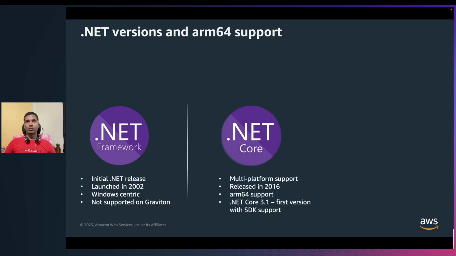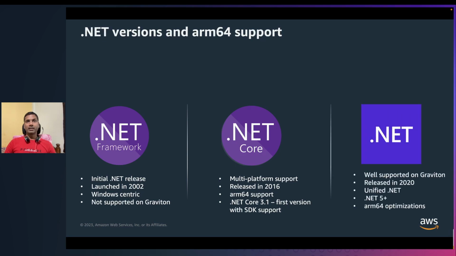ARM64 support in .NET was added with .NET Core in 2016, which was also the cross-platform version of .NET. .NET Core 3.1 was the first .NET version with SDK support on ARM64. All newer versions of .NET post .NET Core 3.1 are supported on Graviton instances, including .NET Core 3.1. In 2020, Microsoft released Unified .NET, which merged all different .NET platforms, including .NET Framework and .NET Core.